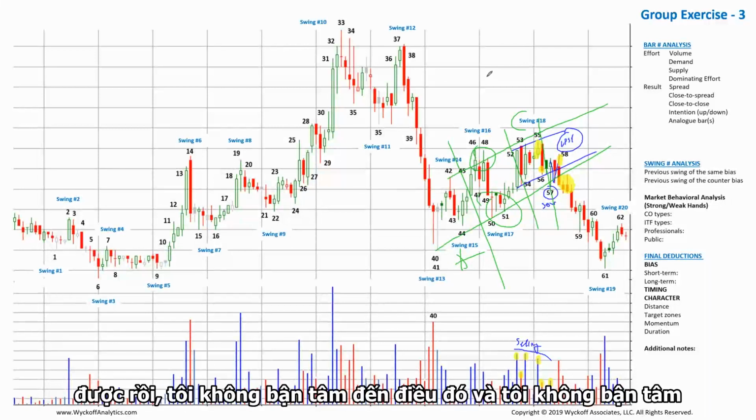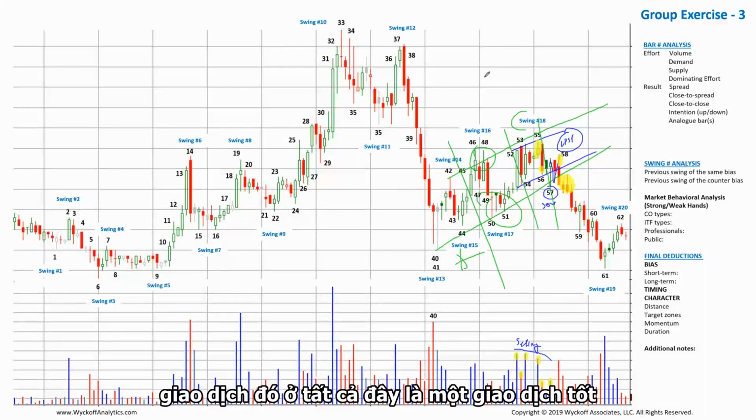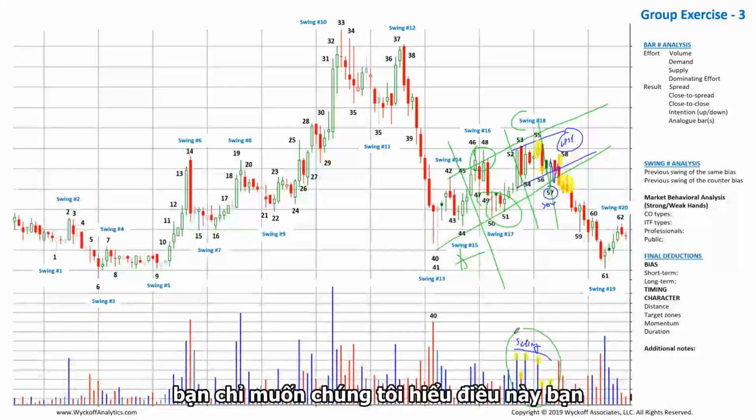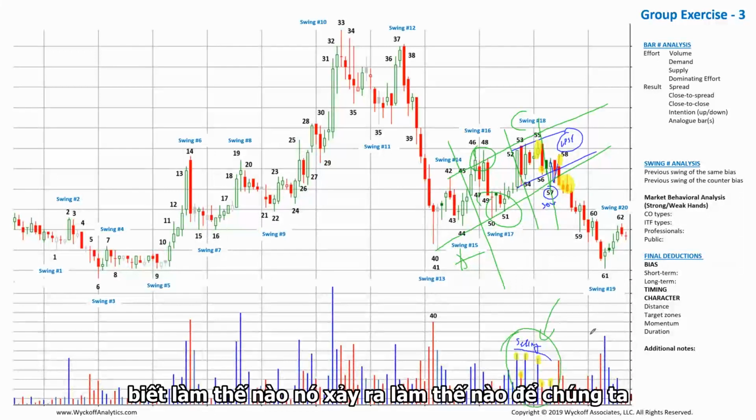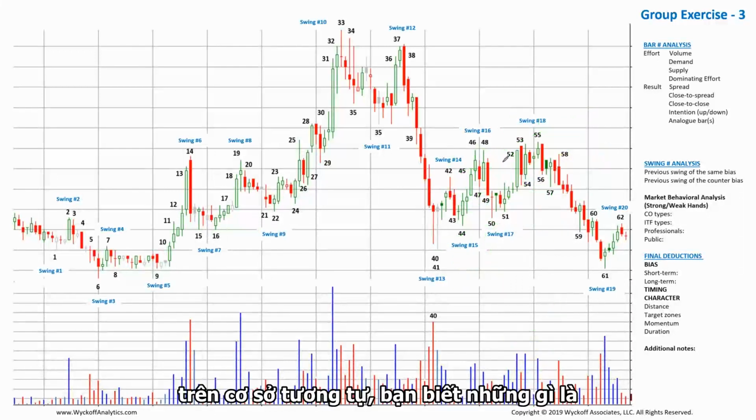Okay, I don't mind that trade at all. This is a good trade. I just want us to understand this. How does it happen? How do we compare on the analog basis what is happening in the second area compared to the first area, on the swing 18 compared to swing 16.